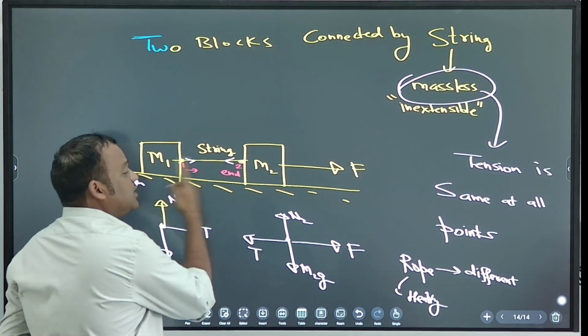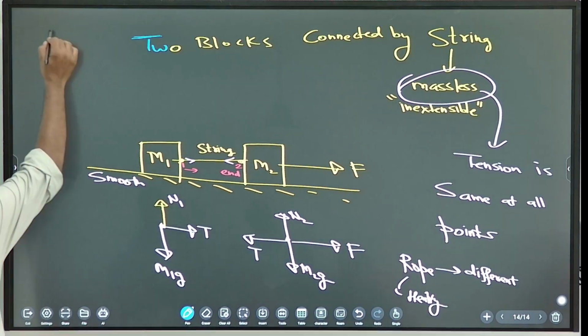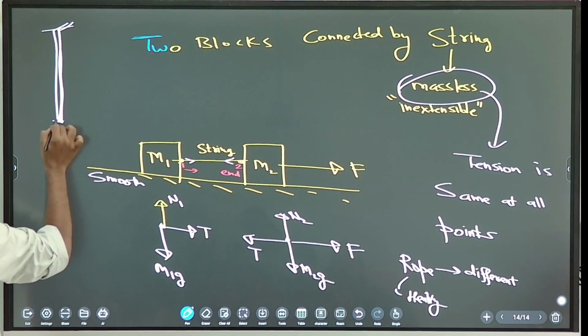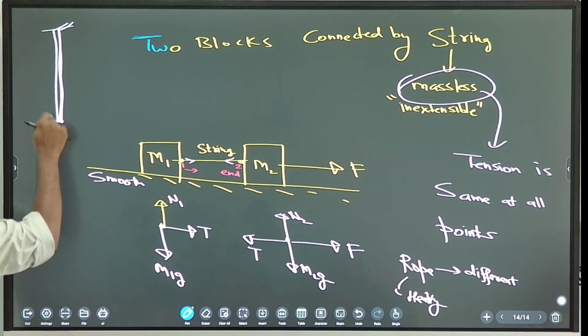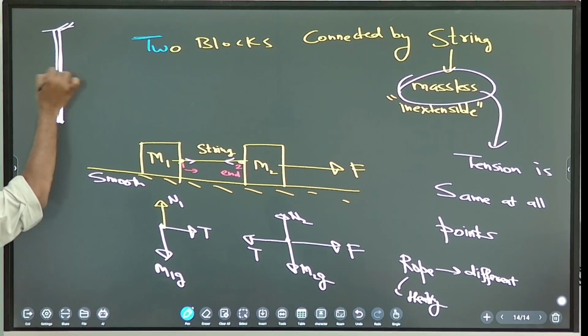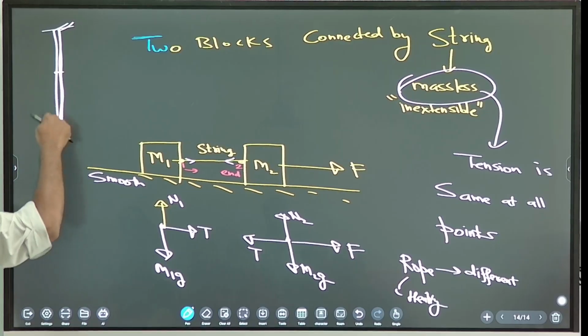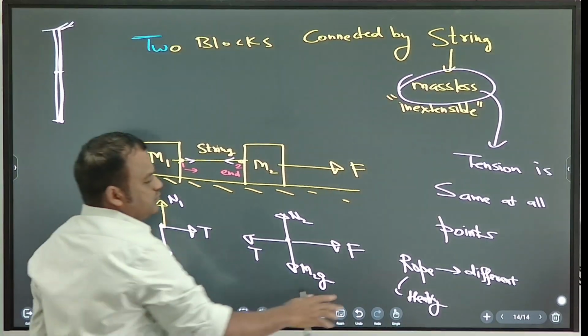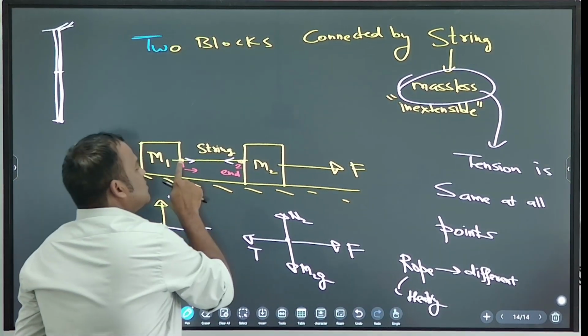Different point, different tension. Yesterday we discussed one question, hanging rope. Remember, what is the tension at the lowest point? 0. Tension at topmost point? mg. Middle point? mg by 2. So different point have different tension. Okay, heavy rope. But string means same tension.